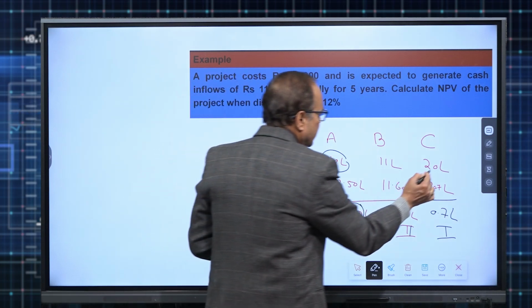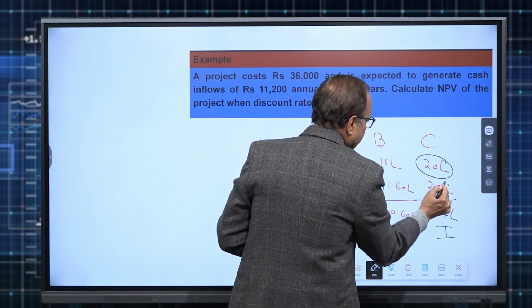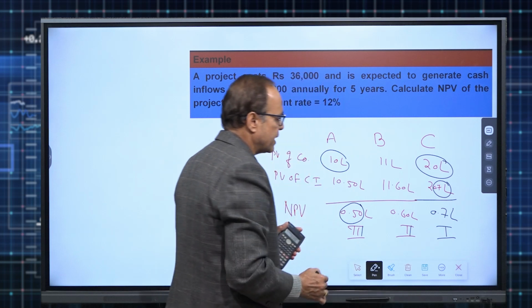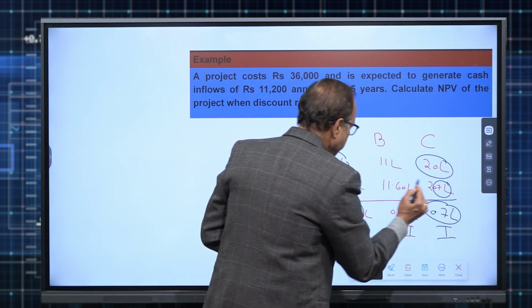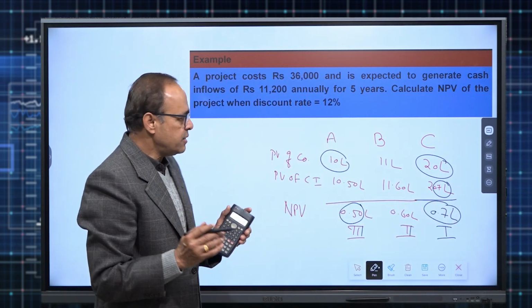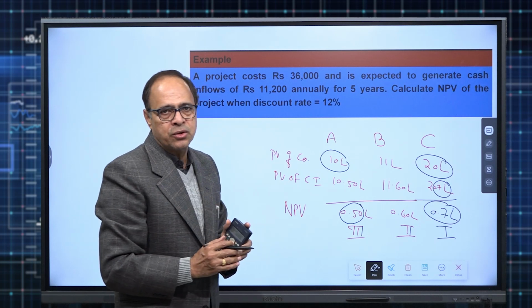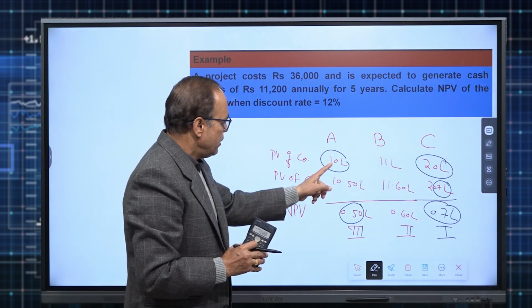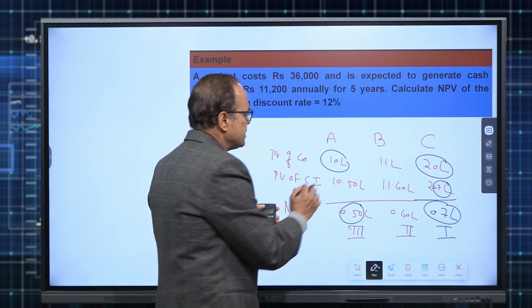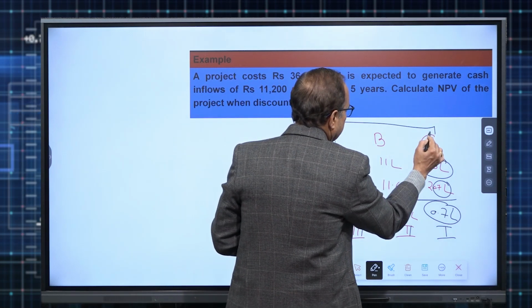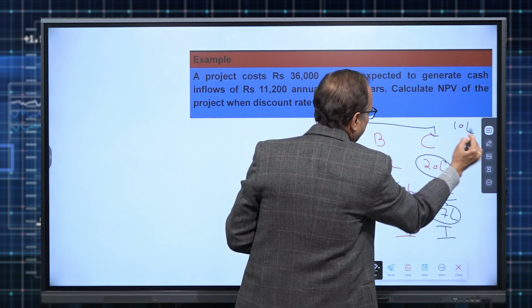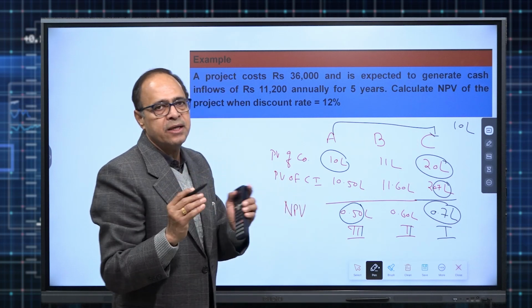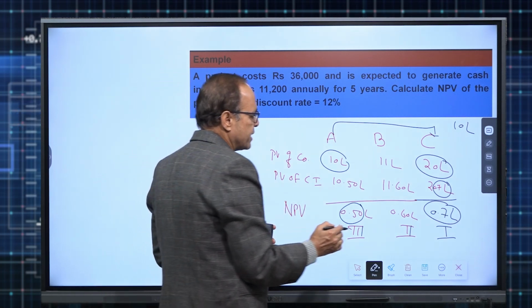By investing 20 lakh, how much are you getting extra? 0.7 lakh. That is NPV. Now, whether that 0.7 is sufficient or not, we have to see that. Reason being, your extra investment in C as compared to A is 10 lakh.